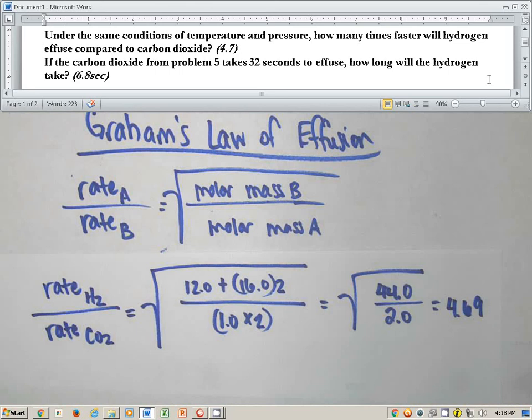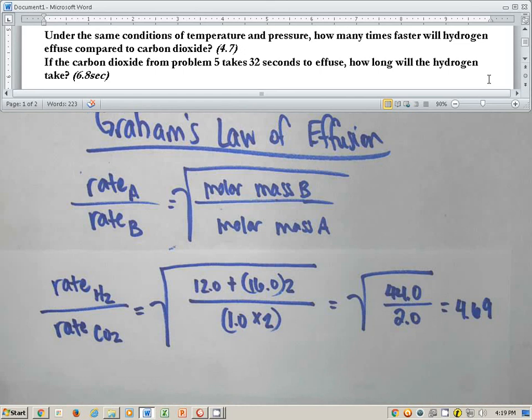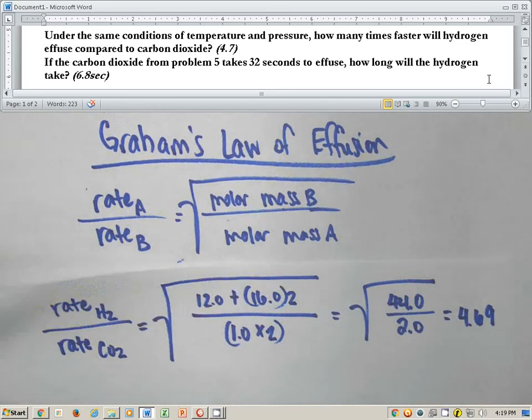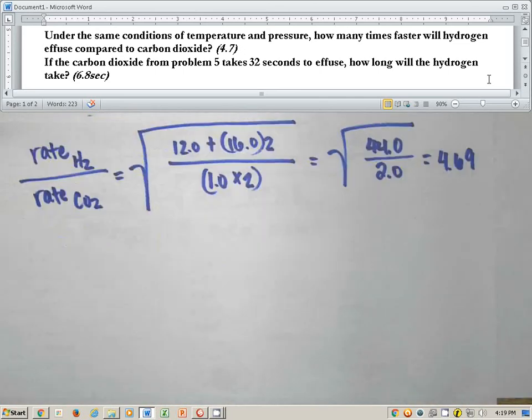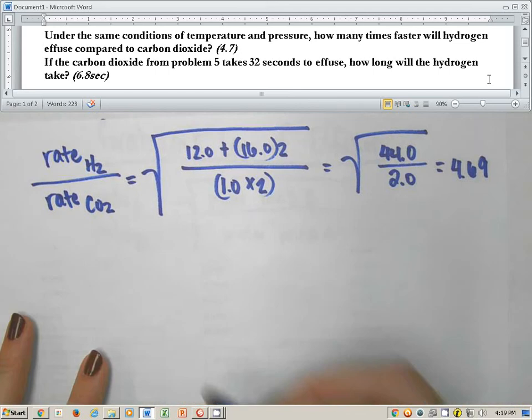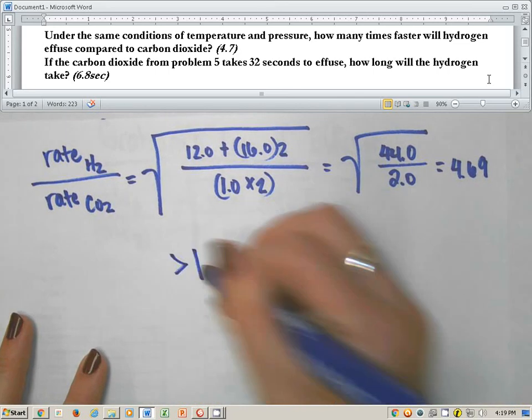Okay. The next question says, if the carbon dioxide from the problem, it was problem 5, takes 32 seconds to effuse, how long will the hydrogen take? Okay. Part of that answer is going to come from my interpretation of this right here. If you end up with an answer that is greater than 1, what that means is that it's faster.